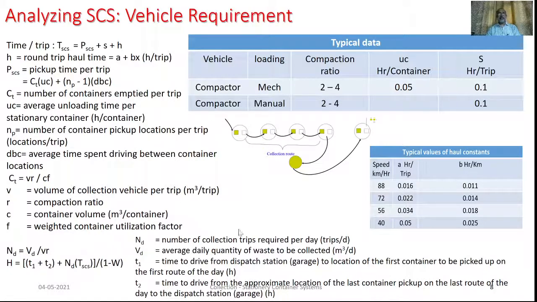This ND is nothing but the number of collection trips. This TSCS is the time per trip. W is the factor associated with off-road activities. Usually its value is taken as 0.50.